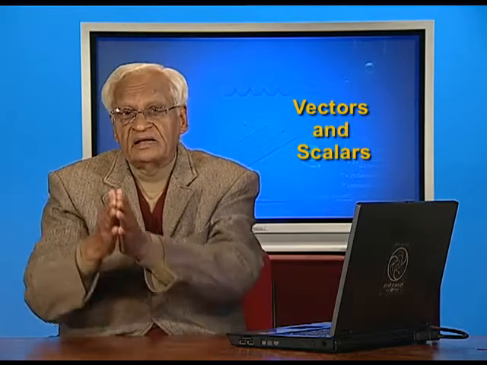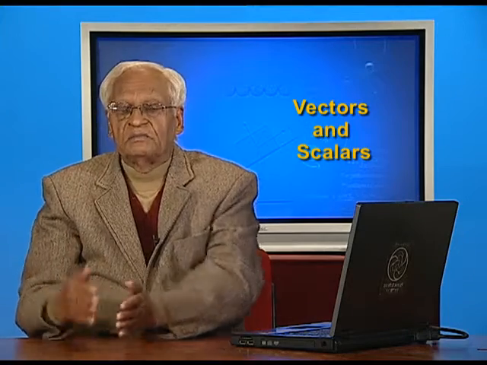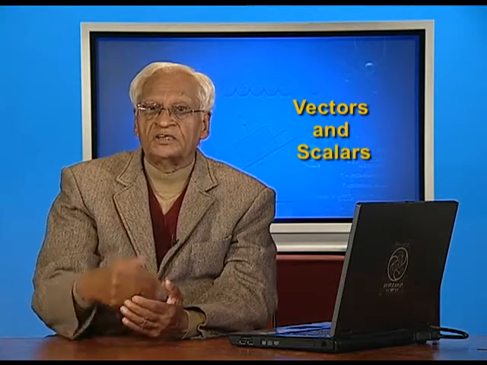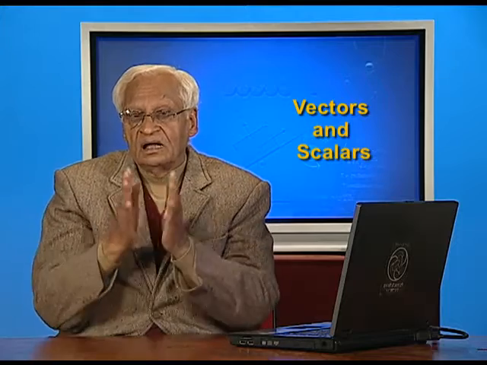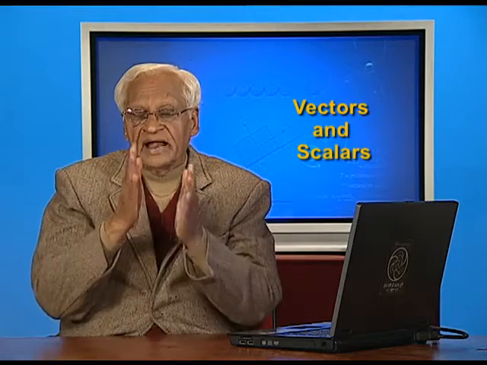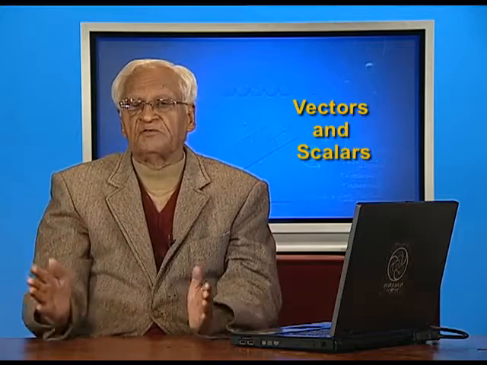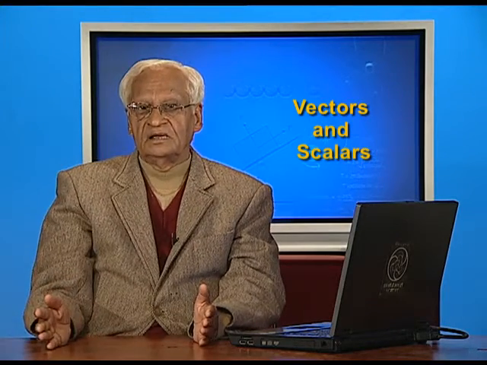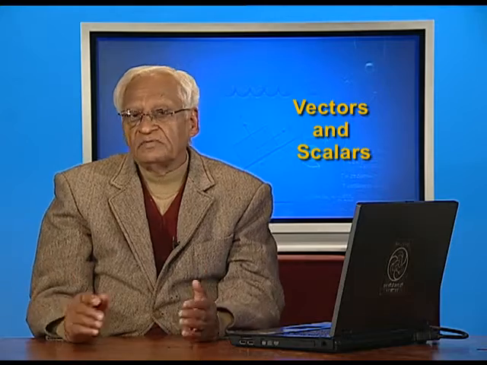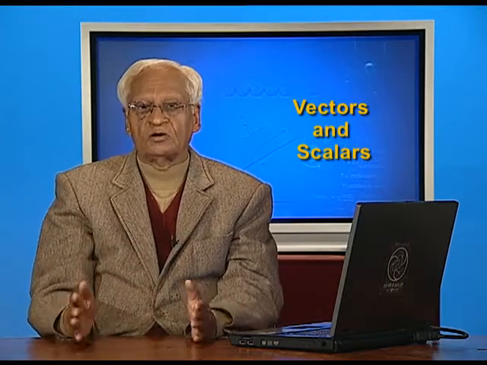How we can make the right hand side also a vector is by introducing what are known as unit vectors, which we shall see later. But remember that both sides of an equation and all the terms in an equation must be vectors. If they are not, then you have a problem, and the equation would be judged as wrong.